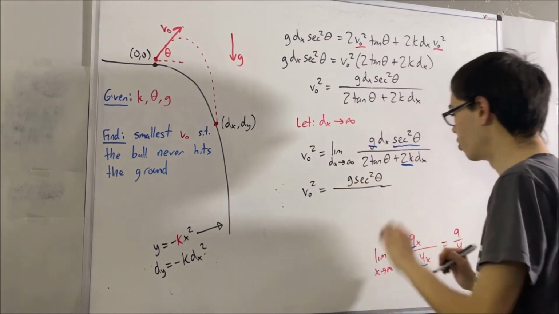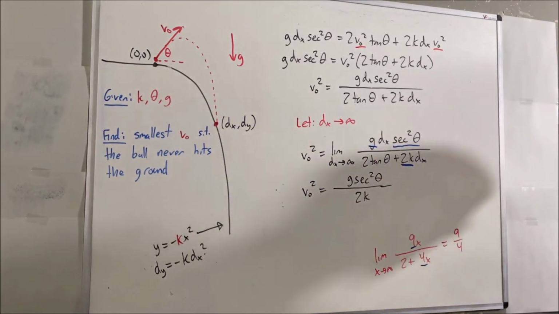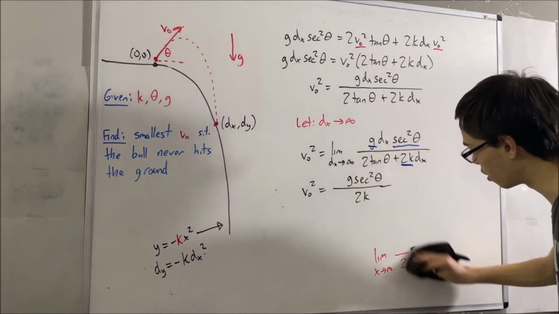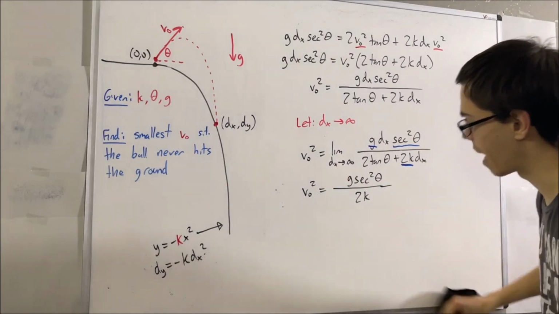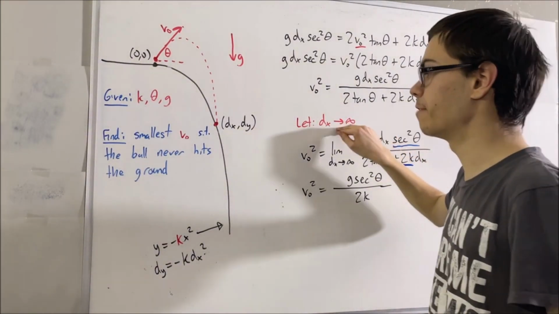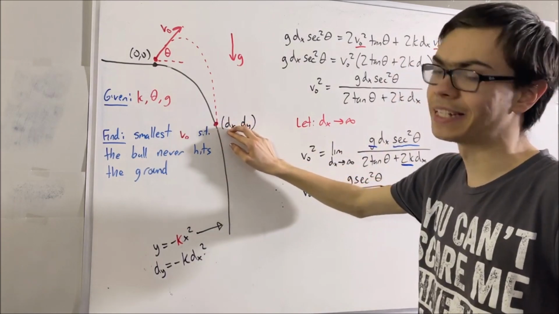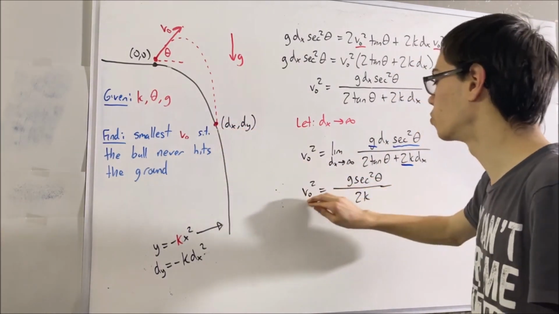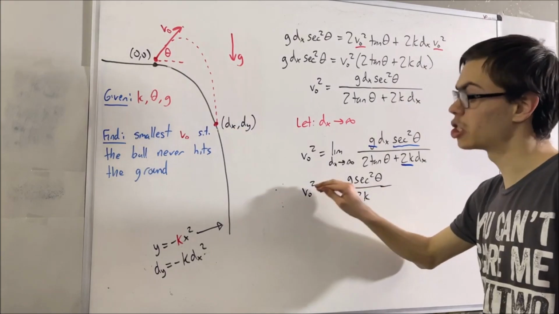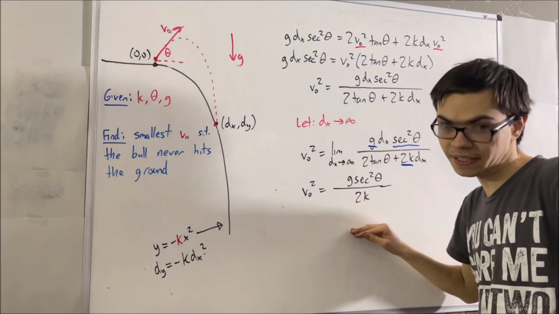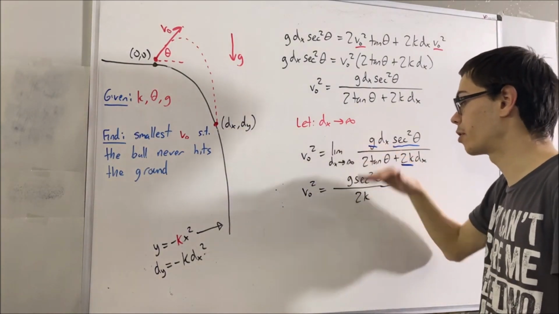In the denominator, it would just be 2k. And so this is the value of v0 squared such that dx is infinitely large, right? So if this point has an x value that is infinitely large, then this is what the initial speed squared would equal. It would be this, because that's what the limiting value approaches.